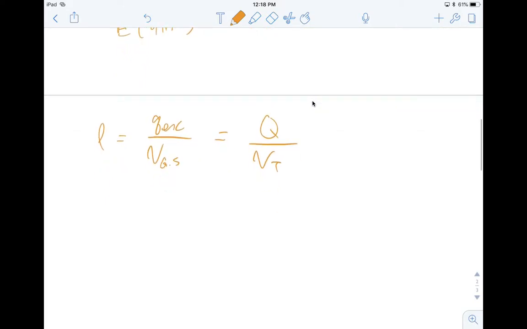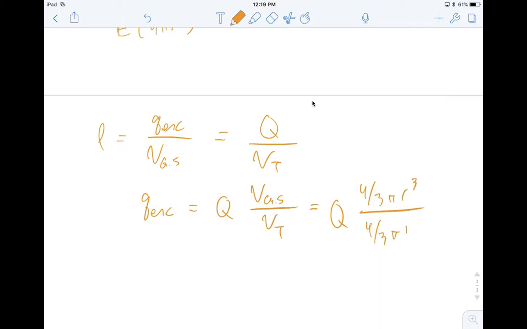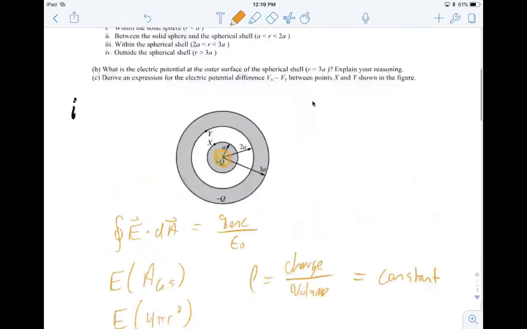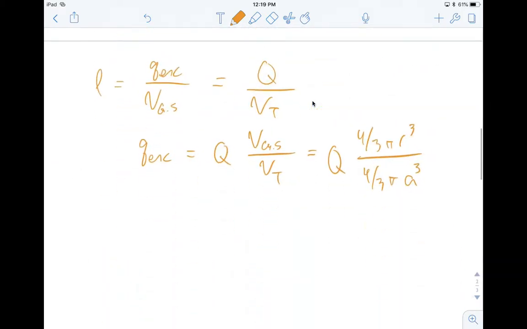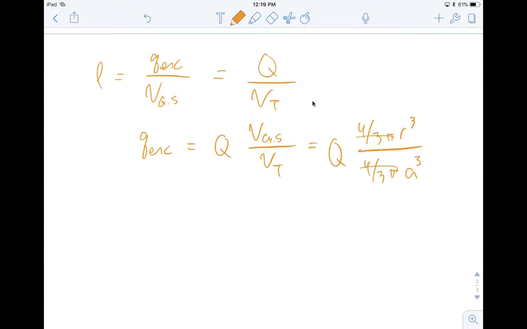So Q enclosed is equal to Q times the volume of the Gaussian surface divided by the total volume. That's Q times 4/3 pi r cubed divided by 4/3 pi A cubed. The 4/3 pi's cancel, and we get Q enclosed equals Q r cubed over A cubed.